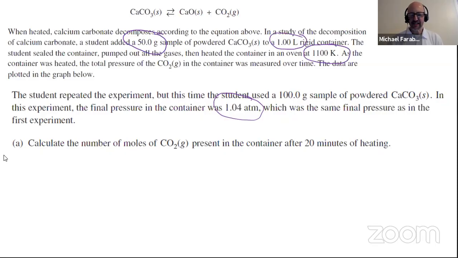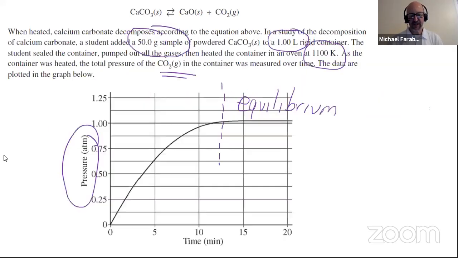So if equilibrium has been achieved, then it's possible that not all of this 50-gram sample was actually converted completely into CO2. And in fact, in a second trial, they used 100 grams of calcium carbonate, but they got the same final pressure. Again, that 1.04 atmospheres, which is going to be the pressure of the CO2 as it leveled off.